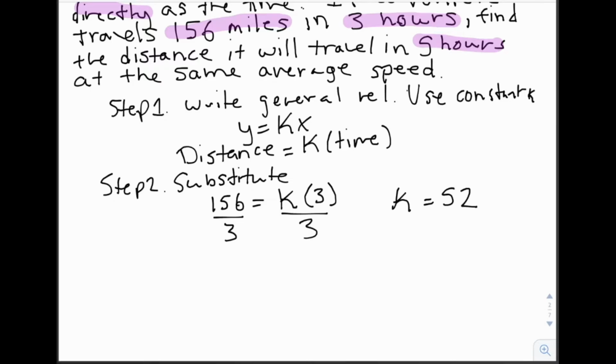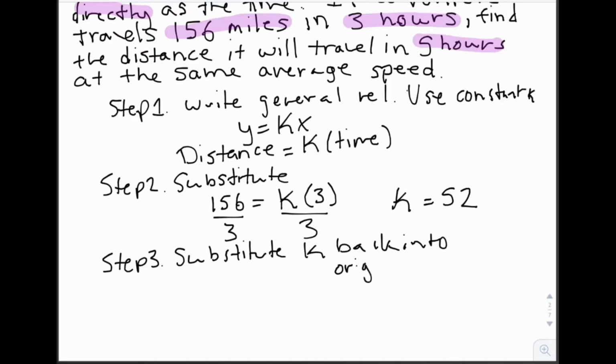And step 3 says to substitute k back into original. So let's write step 3. Substitute k, now that we have found it, back into original. So let's substitute it back into the original to obtain some sort of general equation.